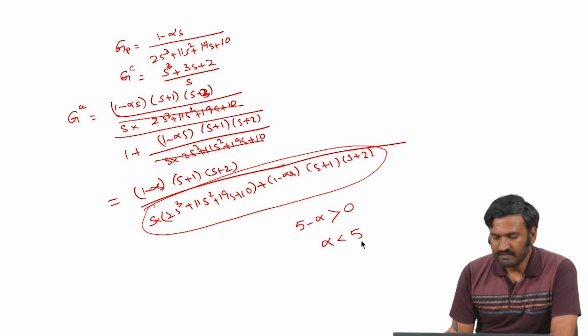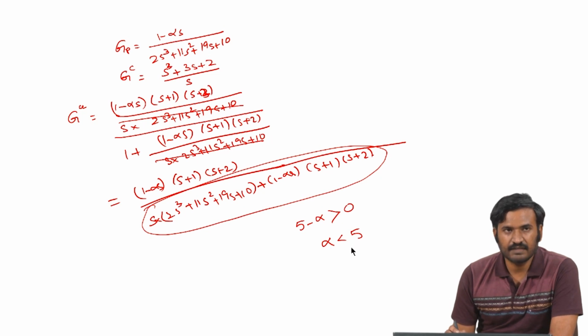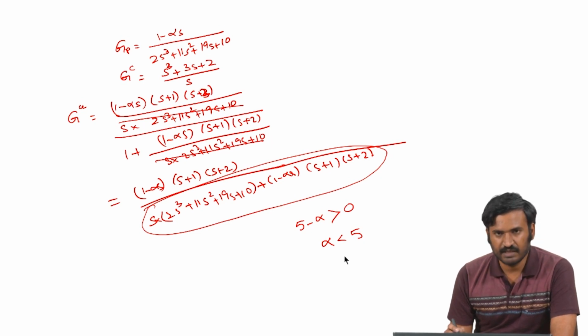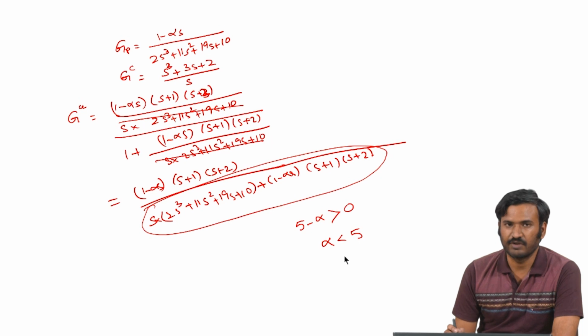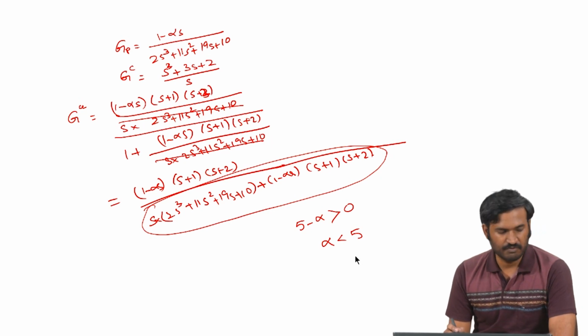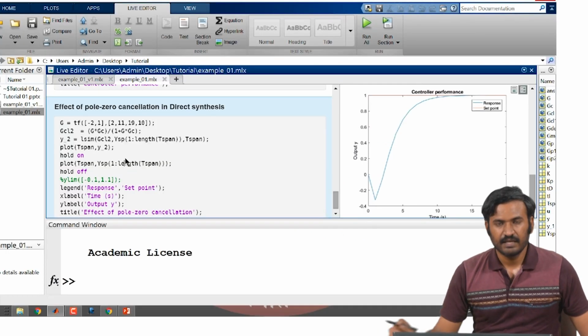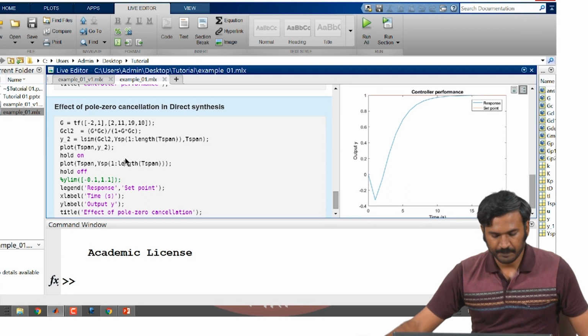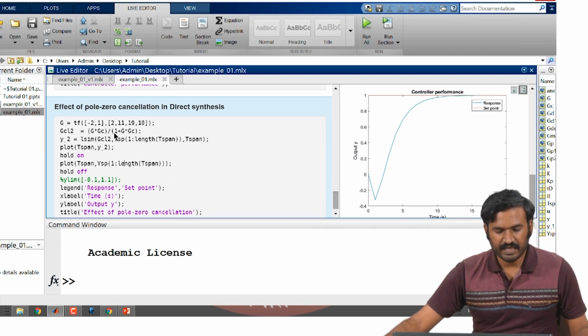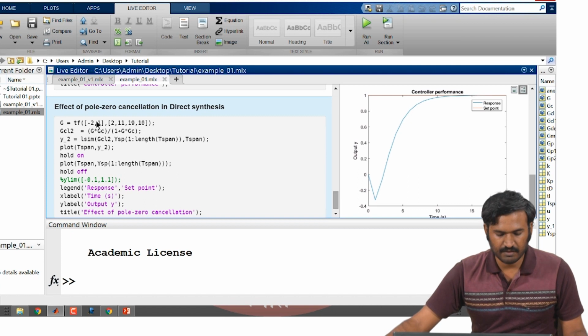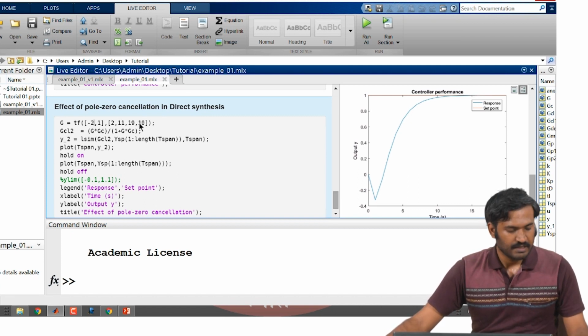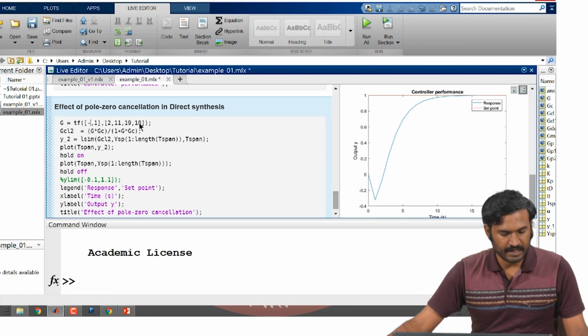So any alpha which is greater than 5 will result in one or more poles on the right half plane. Because of that, we will have unstable controller and unstable closed loop performance, that we can see in the simulated example here. So here I have simulated the same controller configuration and used the same model here.